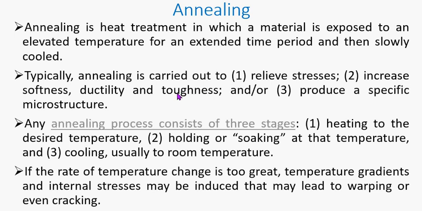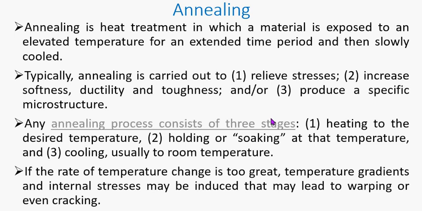So annealing increases ductility and some aspect of strength, and then produces a specific microstructure, that is, a change in the microstructure from possibly a coarse grain structure to a much finer grain structure, because a much finer grain structure improves mechanical property.